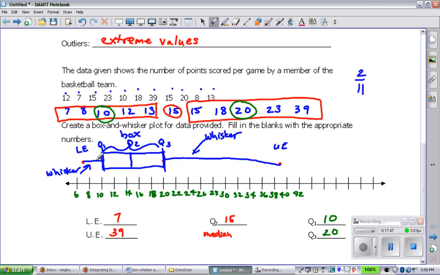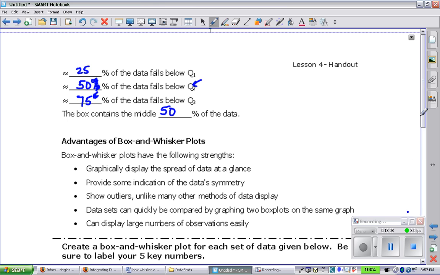One whisker is really short, and then one whisker is really, really long on one side. It just doesn't look right. So that tells me I might have an outlier, that this 39 is probably an outlier, and that can skew my data. So that's a really good interpretation you get from box and whisker plots.